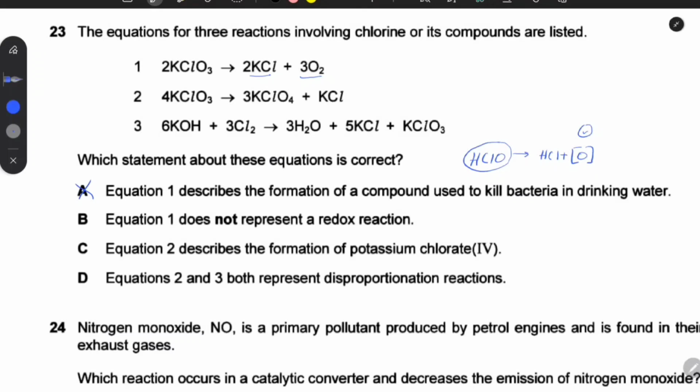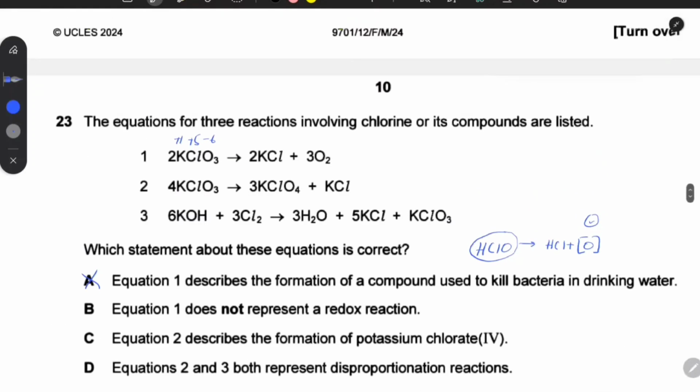Now, equation 1 does not represent a redox reaction. Okay, what is a redox reaction? A reaction where both processes happen, oxidation and reduction. Potassium has +1 charge, oxygen has -2 charge, there are 3 oxygens so that becomes -6, and chlorine has +5 charge.